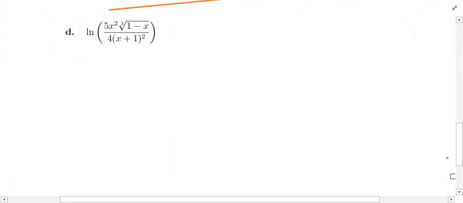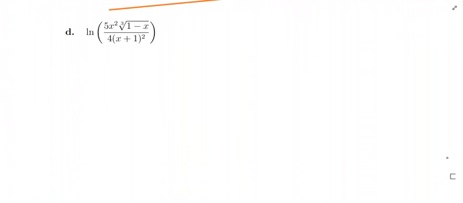So here we have the natural log of something very complicated. We're taking the logarithm of 5x cubed times the cubed root of 1 minus x, divided by 4 times the quantity x plus 1 squared. To start with, we have to ask ourselves what is going on here.